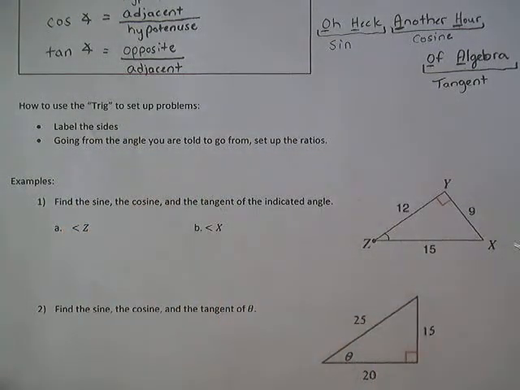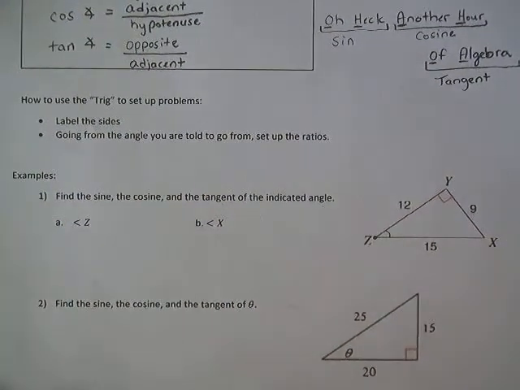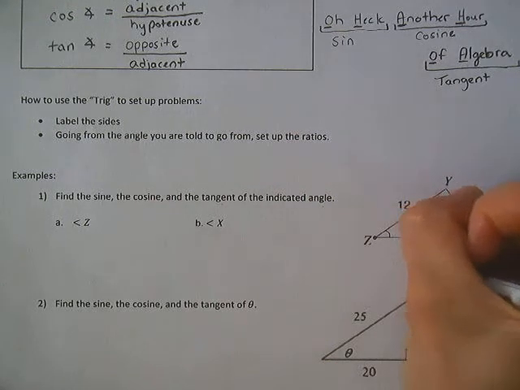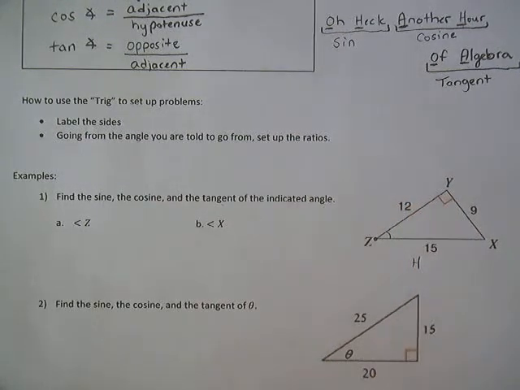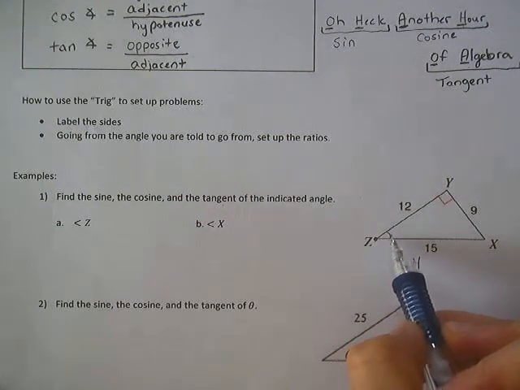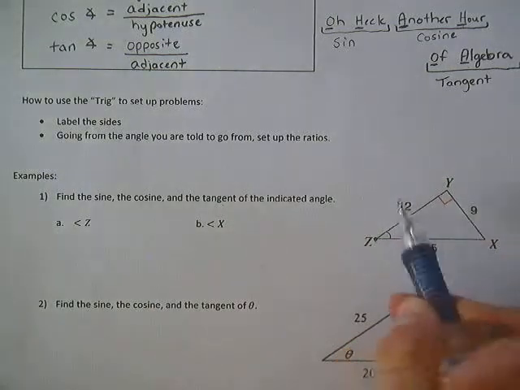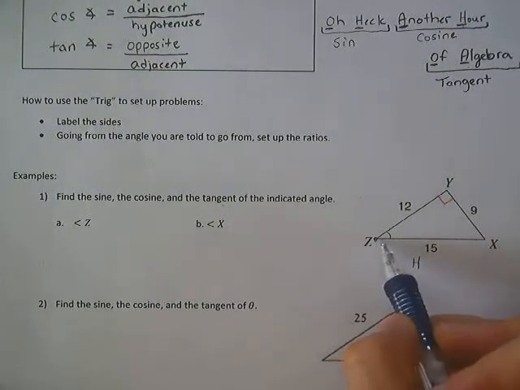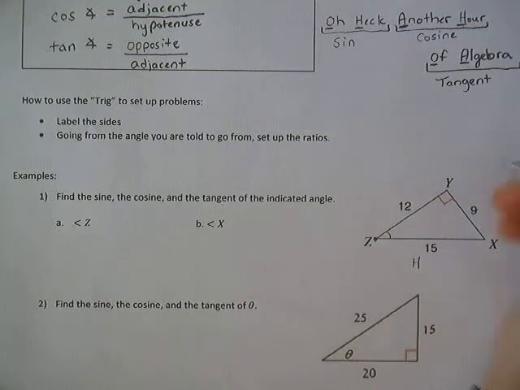So remember, the first side we label is usually the hypotenuse. So it's the one across from that 90-degree angle. So the angle that is across from is the 15. So this would be our hypotenuse. We'll label it with an H. And then the side that's opposite is the side that's opposite of where you're standing. So if you look at where we're standing, looking at this triangle, the side that would be opposite of it would be that 9 right there.